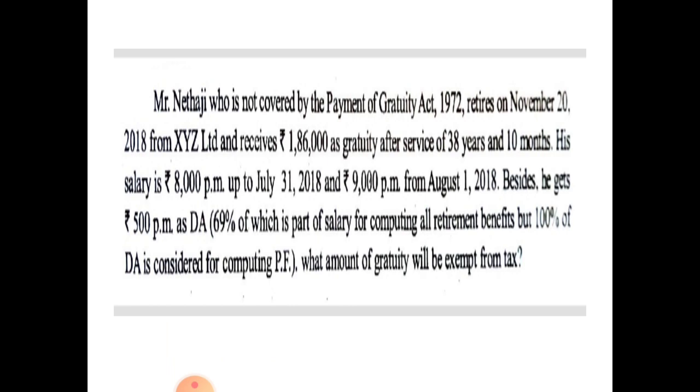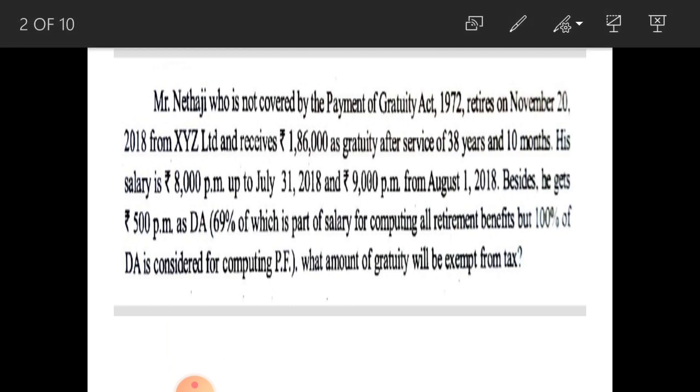His salary is rupees 8,000 per month up to July 31st, 2019 and rupees 9,000 per month from August 1, 2019. Besides, he gets rupees 500 per month as DA, 69% of which is part of salary for computing all retirement benefits, but 100% of DA is considered for the computation of PF. What amount of gratuity will be exempted from tax?